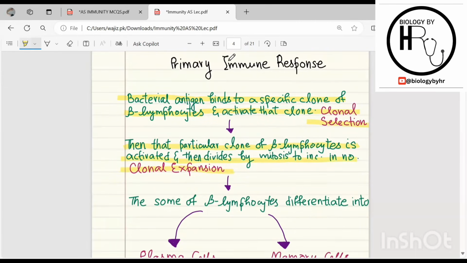What will happen is, first we have clonal selection. After the clonal selection, the B lymphocytes start to divide by mitosis and increase in number, and then the clonal expansion takes place.